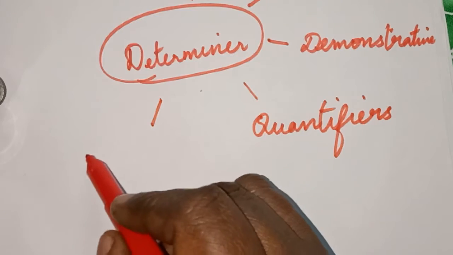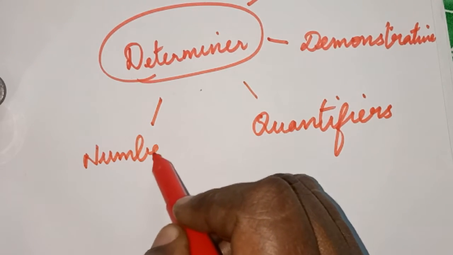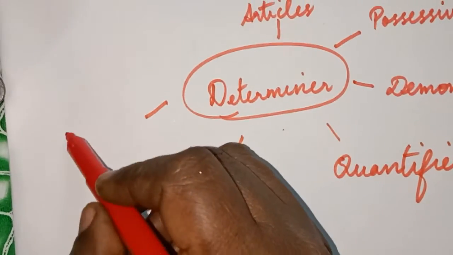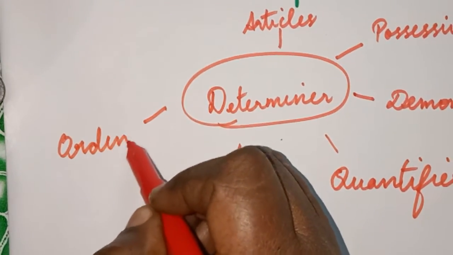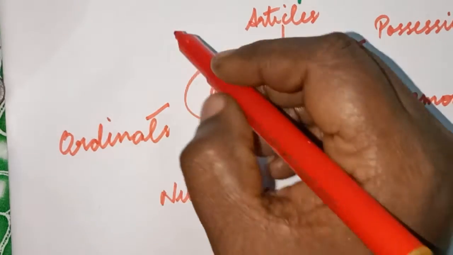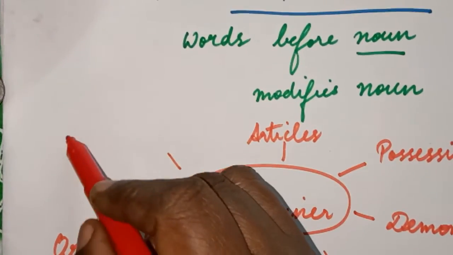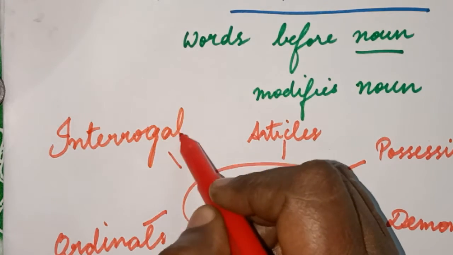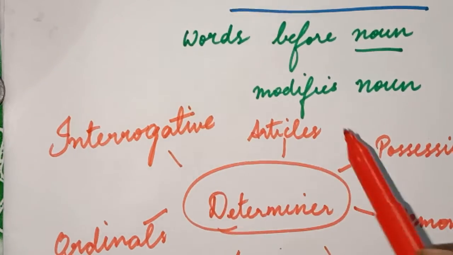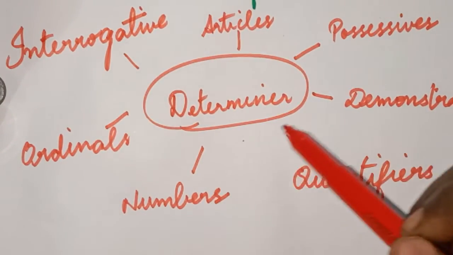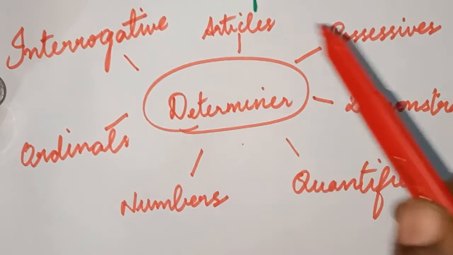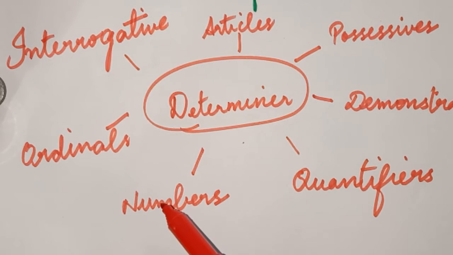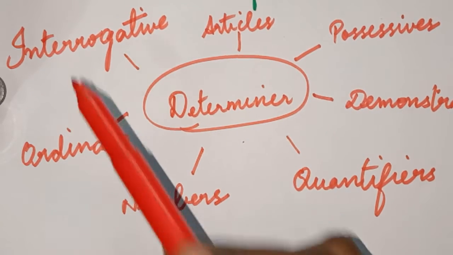The fifth one is numbers. The sixth one is ordinals. The seventh one is interrogatives. So totally, determiners are classified into articles, possessives, demonstratives, quantifiers, numbers, ordinals and interrogatives.